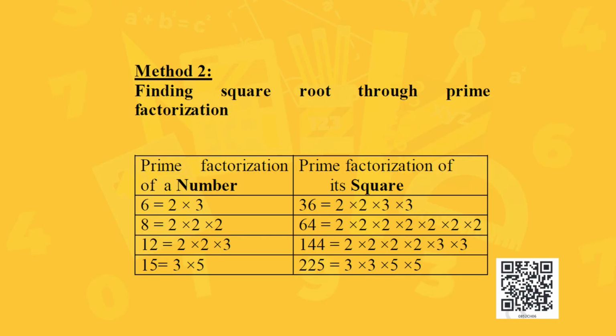In the prime factorization of 6, 3 occurs once, whereas in the prime factorization of 36, 3 occurs twice. Look into the prime factorization of 12, where 2 occurs twice, but in 144, which is the square of 12, 2 occurs 4 times. Also observe 3: in the prime factorization of 12, 3 occurs only once, but in the prime factorization of 144, it occurs twice.